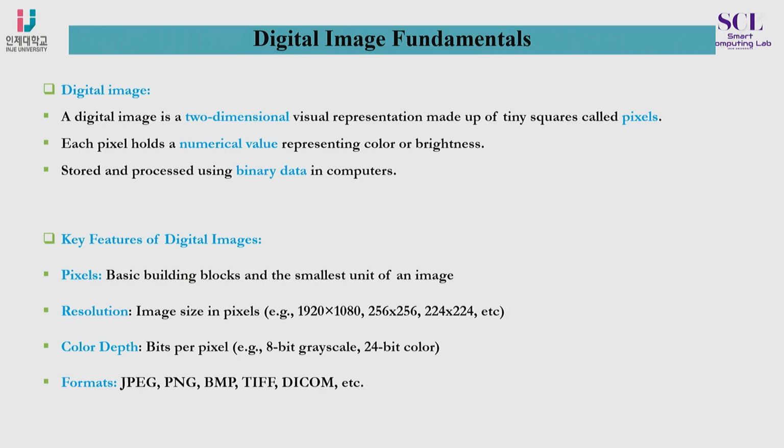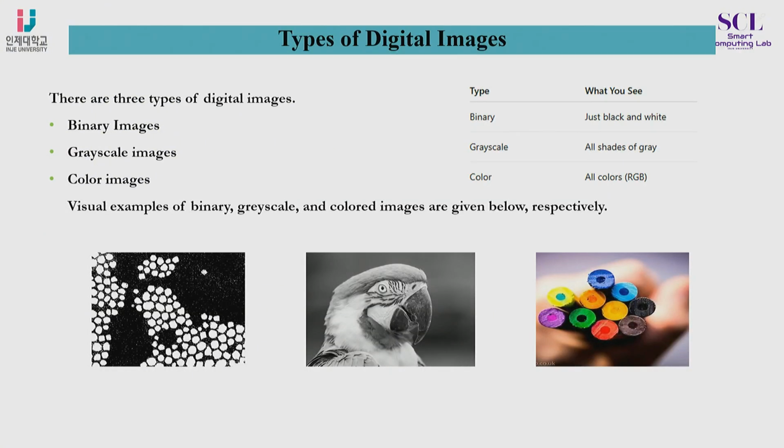This is the resolution of an image, meaning you have an image of 256 width and 256 height. And there are different kinds of formats: JPEG, PNG, BMP, TIF, DICOM, SVS, and these are formats used in medical imaging.